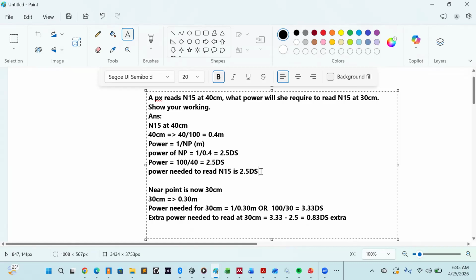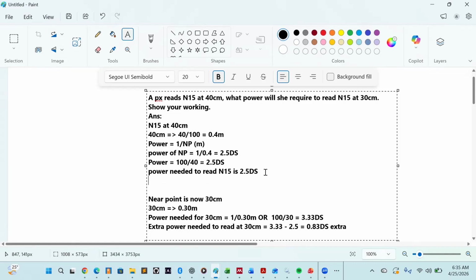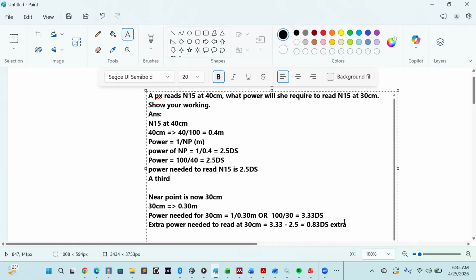So you have to keep a third of 2.5 in reserve in the real sense. You can stop here actually, because it's straightforward like that. But in the clinical situation, that's the way they can paint it, because they will ask you. This question is not complete yet, I want to believe.